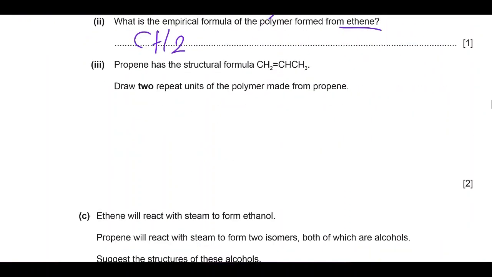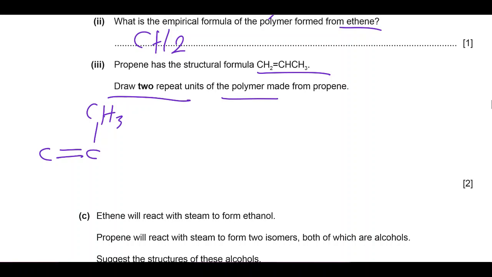And propene has the structural formula, this one. Draw 2 repeat units of the polymer. So start to draw first of all propene. Start with the double bond first of all, and here this is CH3. Draw it to be similar to the ethene. Here hydrogen, hydrogen, hydrogen. The polymer is the same monomer without the double bond, with a single bond.